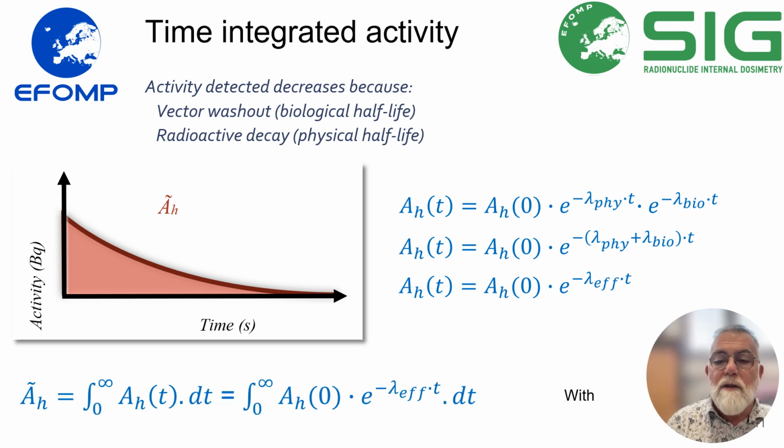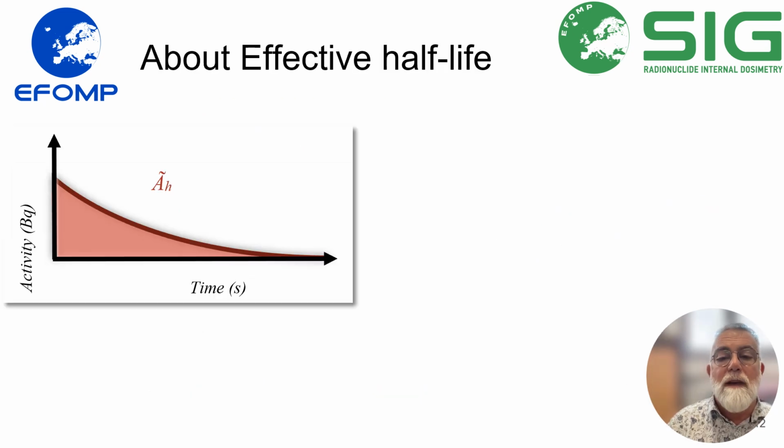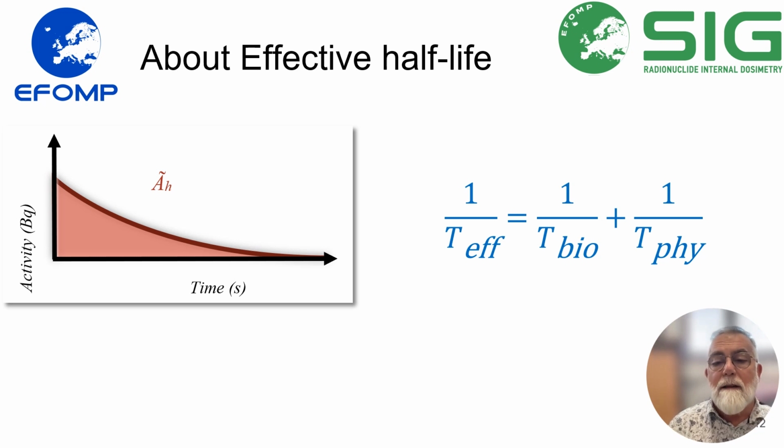So you introduce here in that equation an effective constant that combines the physical and biological component. And so by doing so, you introduce also the effective half-life, and the inverse of the effective half-life is the sum of the inverse of the biological half-life and the physical half-life. And this has consequences.